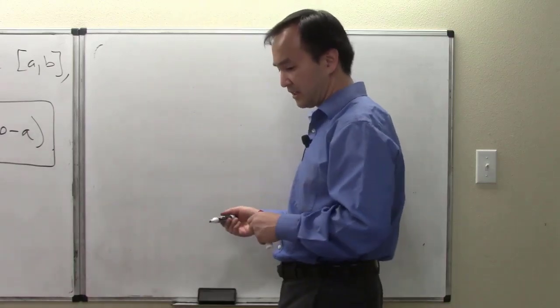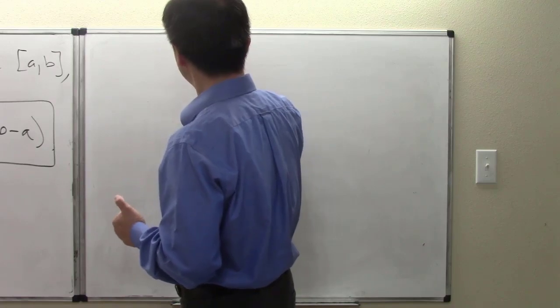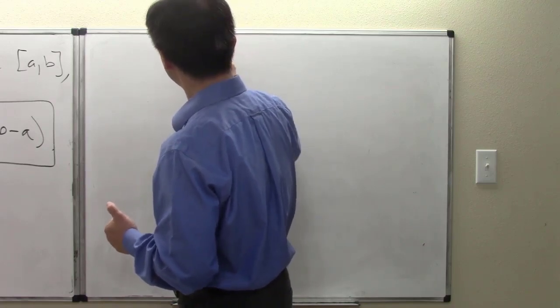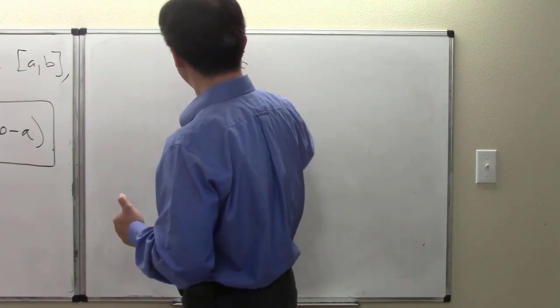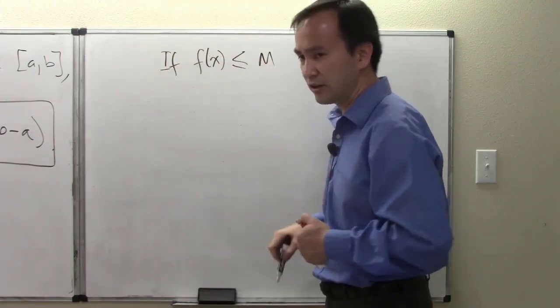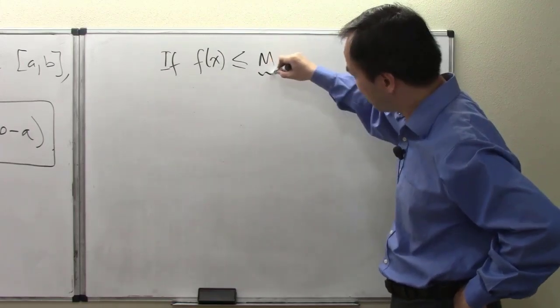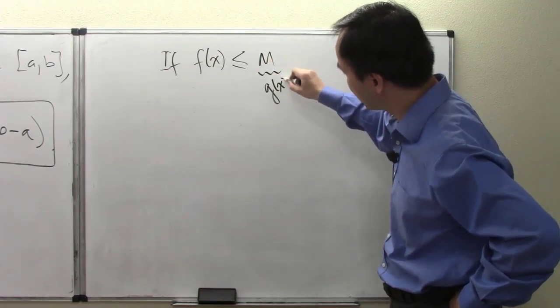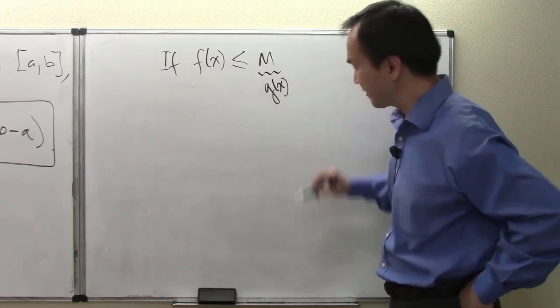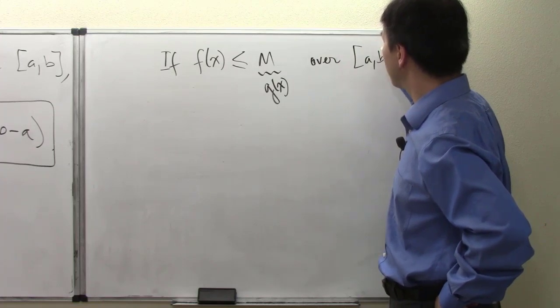All right, so think about, we have, from property number 6, we know that if f of x is less than or equal to capital M, we can recognize this as some function g that's a constant function over the interval from a to b.